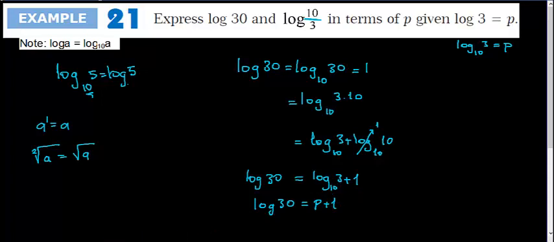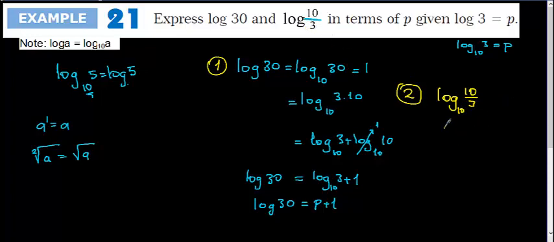What about 10 over 3? We are going to write the logarithm here. It's going to be logarithm of 10 over 3, where the base is 10 here though it is not written.